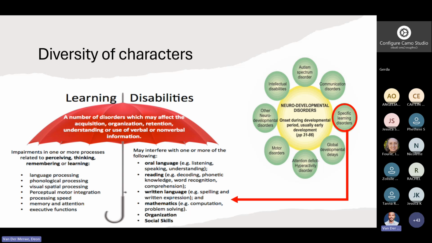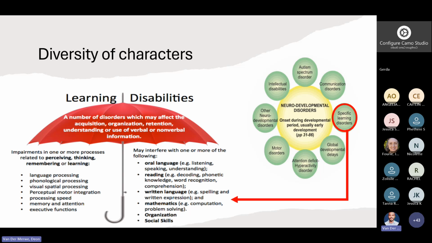And there's also the example of children with a language disorder, which might show up in their speech when they are little, but as they grow, that might show up as reading difficulties in primary school or writing issues in high school.